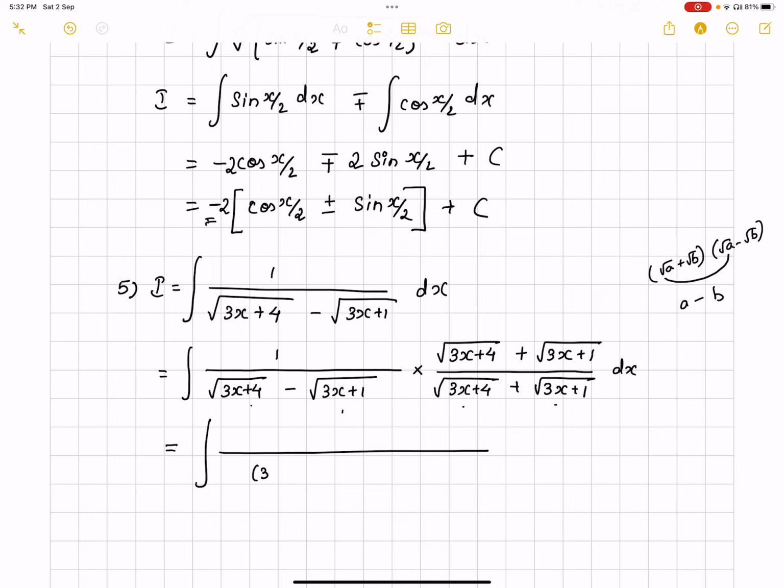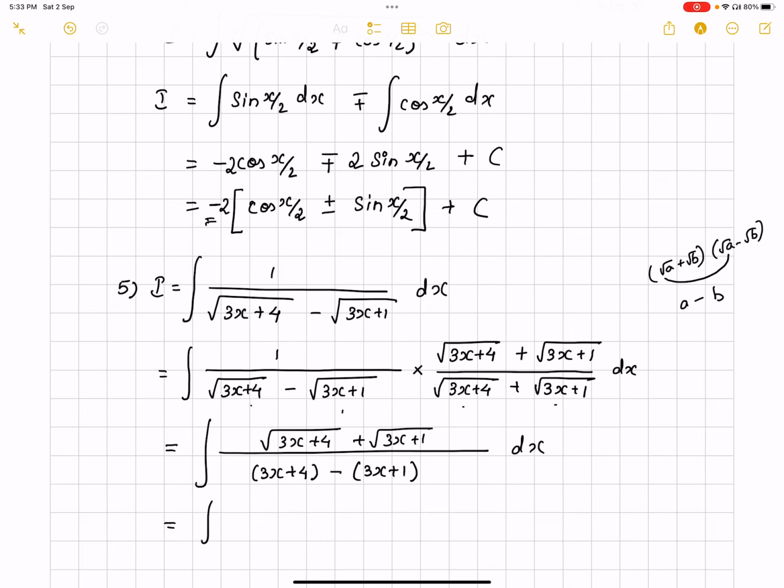The same thing is going to happen here. I'm going to get 3x plus 4, the whole square means the root will go away, and then minus 3x plus 1, with root of 3x plus 4 plus root of 3x plus 1 dx.